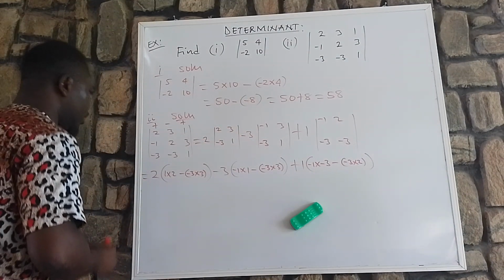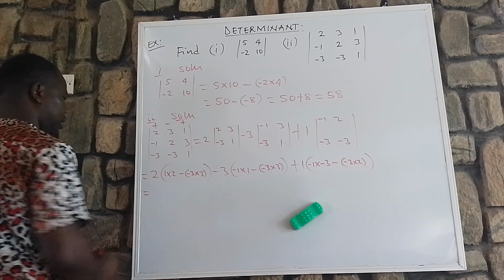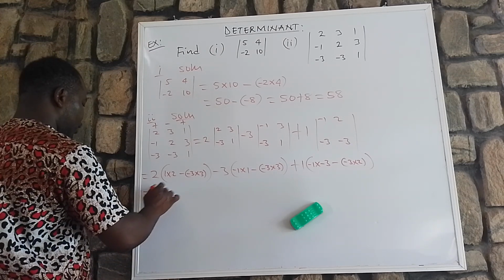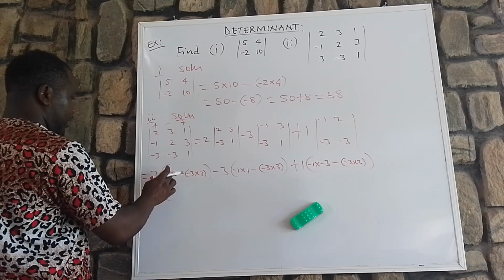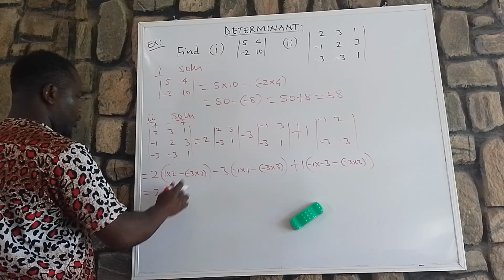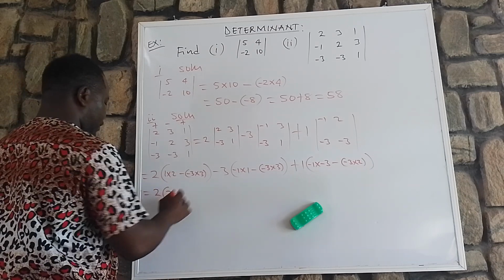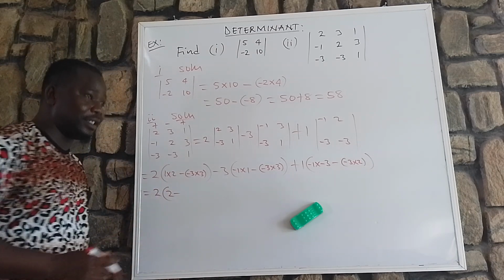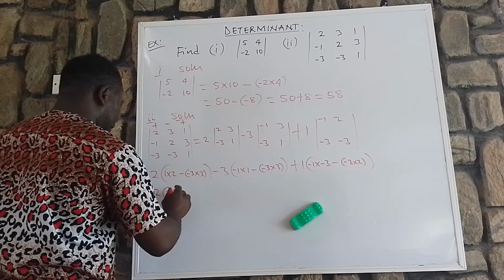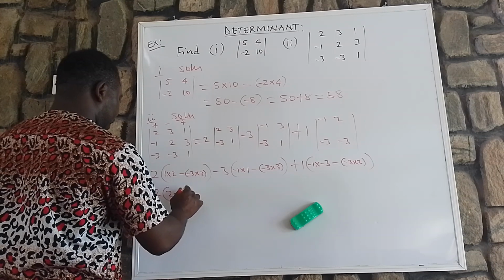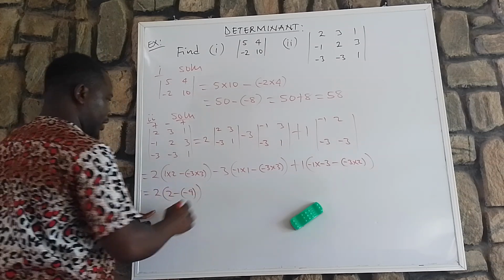If you can see what I am saying, I'll break it down for you to understand. 2 open bracket, 1 times 2 will give us 2. Then minus, 3 times 3 will give us minus 9, close bracket.